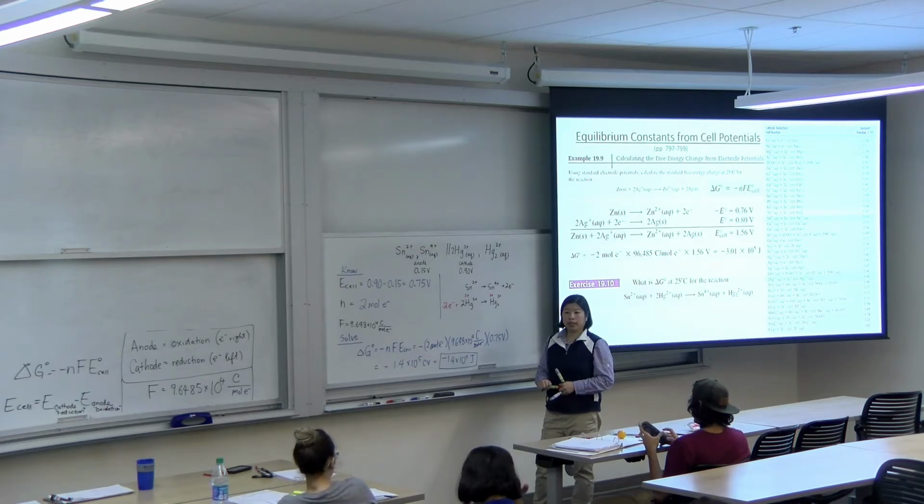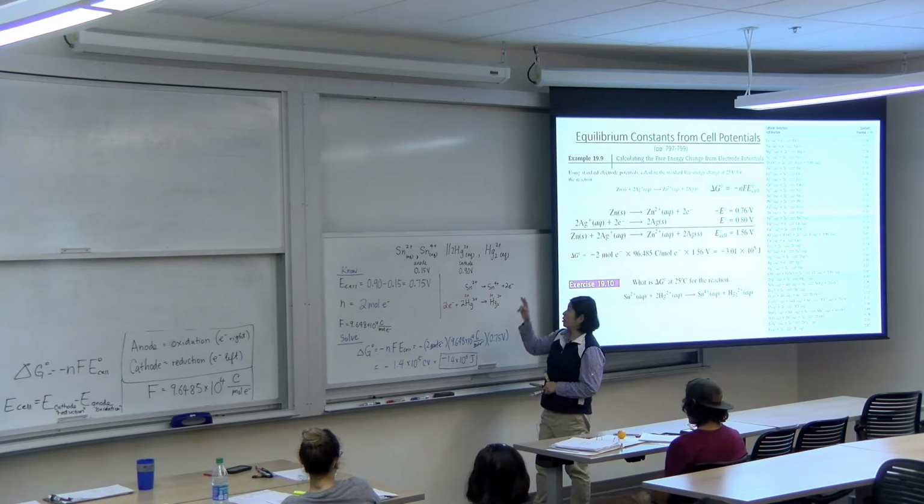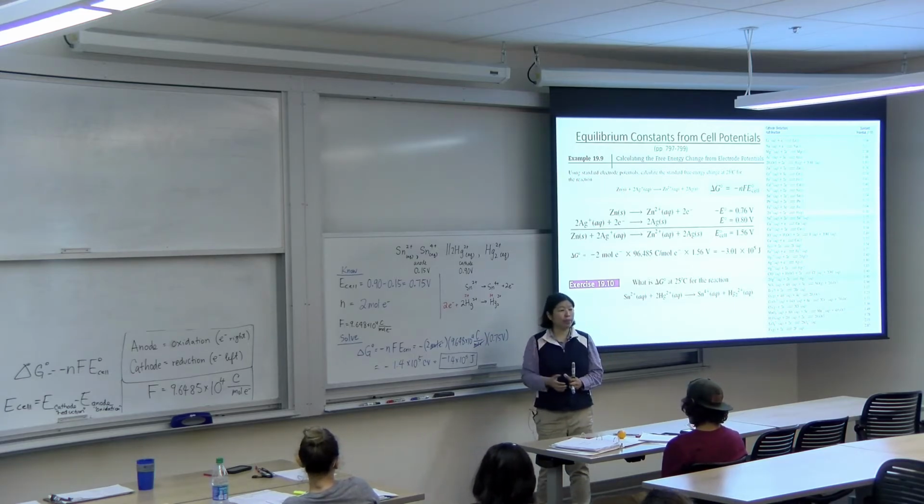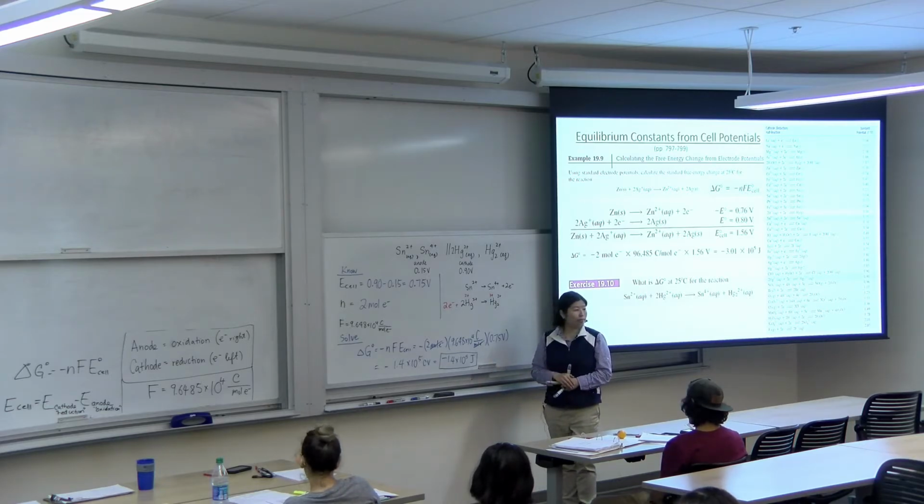Any questions? So do you think if I calculated for the top reaction using numbers from my delta G table, I will get a different answer or the same answer? Same. I will get the same answer.